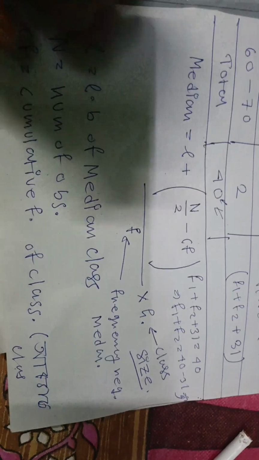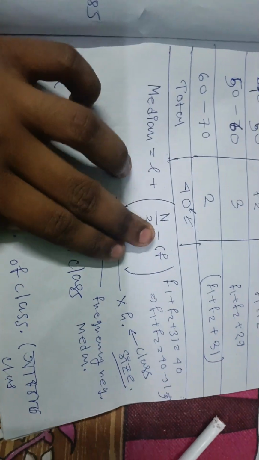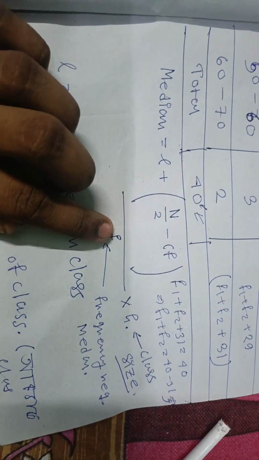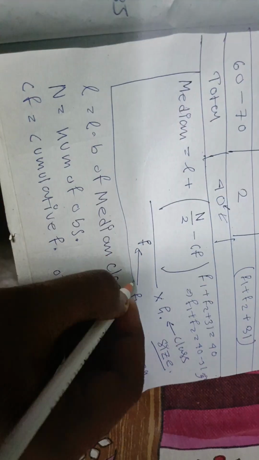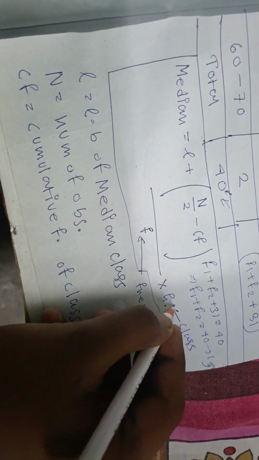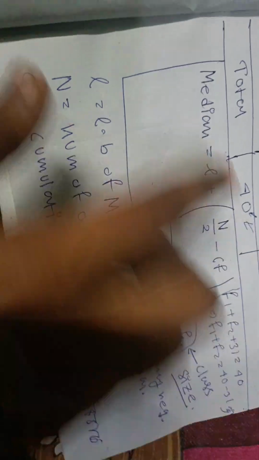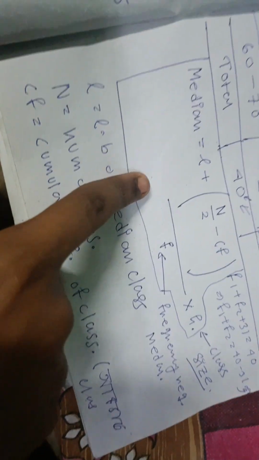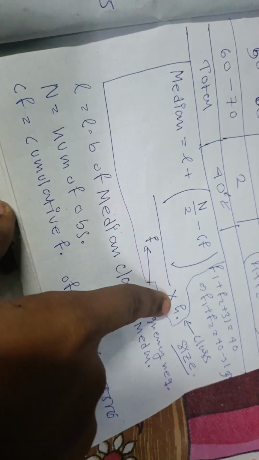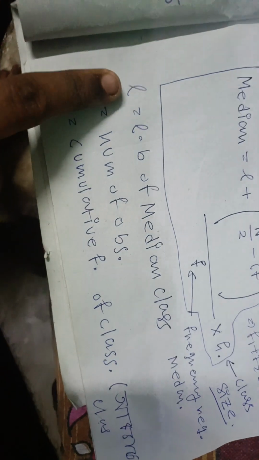Median equals L plus n by 2 minus CF divided by F, into H. Okay, don't worry, I will write the formula again and you will get a good grasp on it. So the formula is L plus n by 2 minus CF divided by F, into H. So what is L?